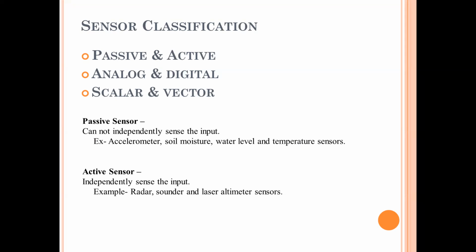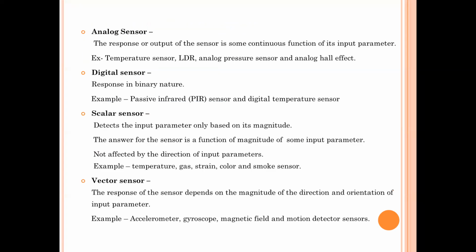A few examples are the soil moisture sensor, accelerometer, and water level sensor. Active sensors can independently sense the input. A few examples are laser, altimeter, sounder, and radar.